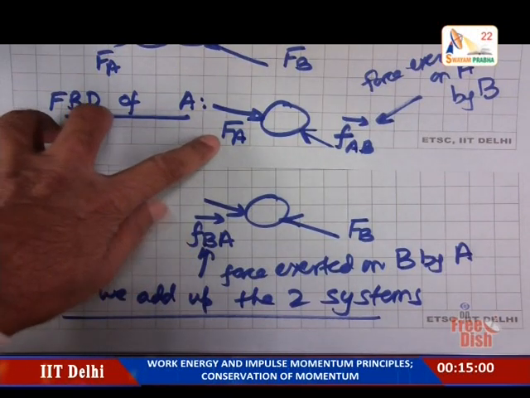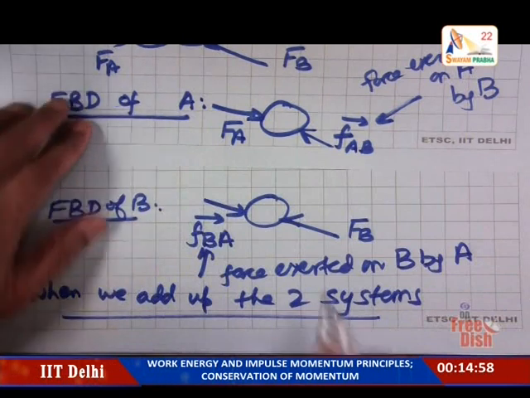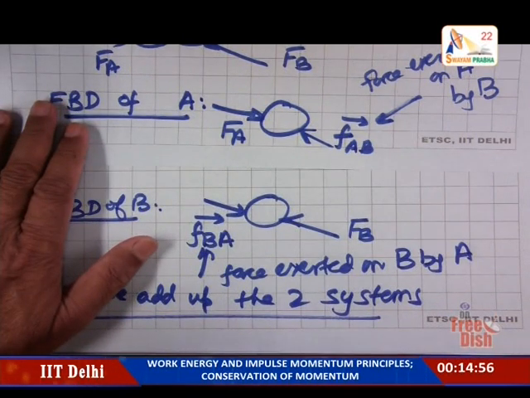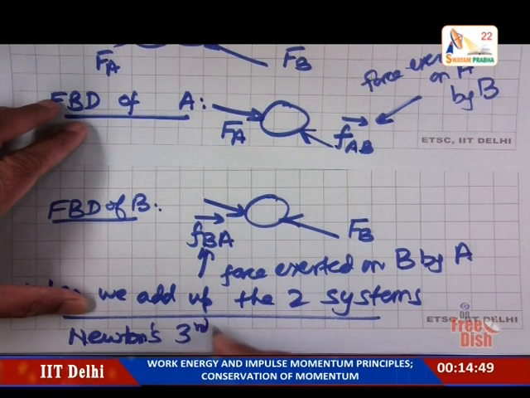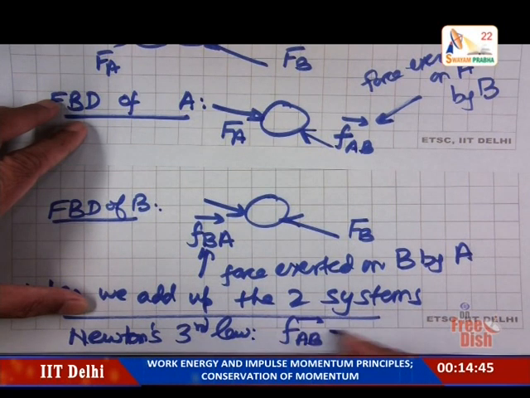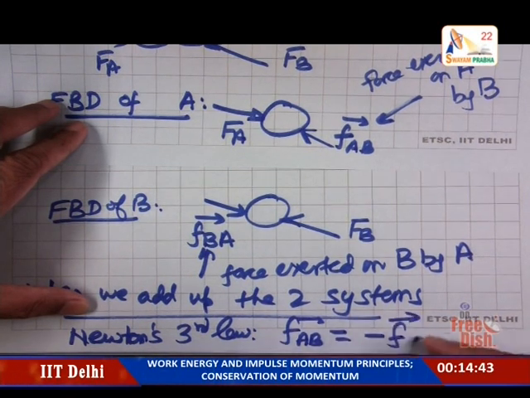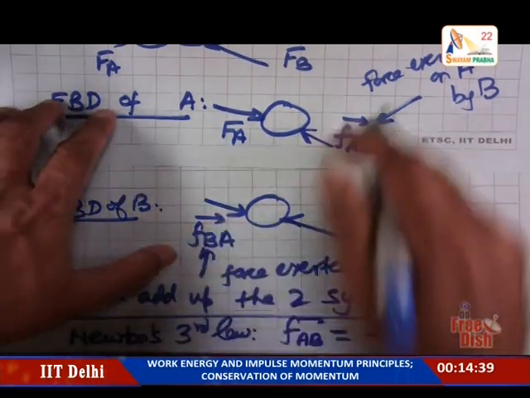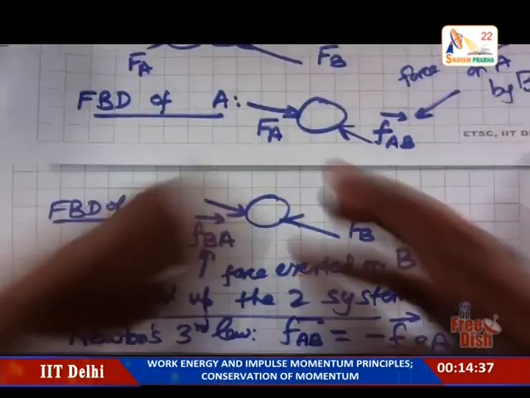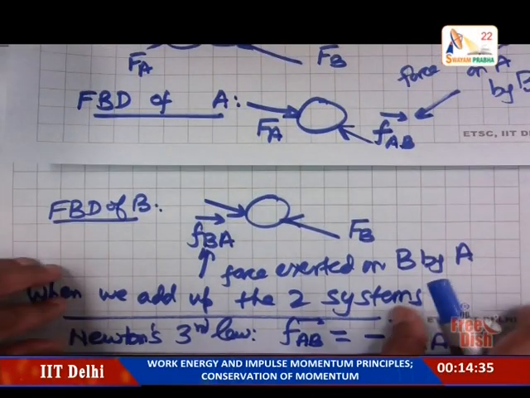Then what will happen is, we realize we have Newton's third law, and Newton's third law tells me Fab is equal to minus Fba. So, the internal forces which exist among these two particles will cancel out.